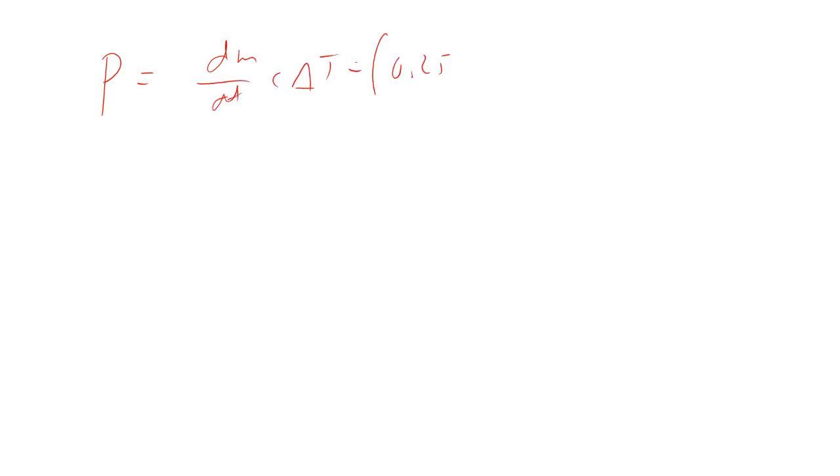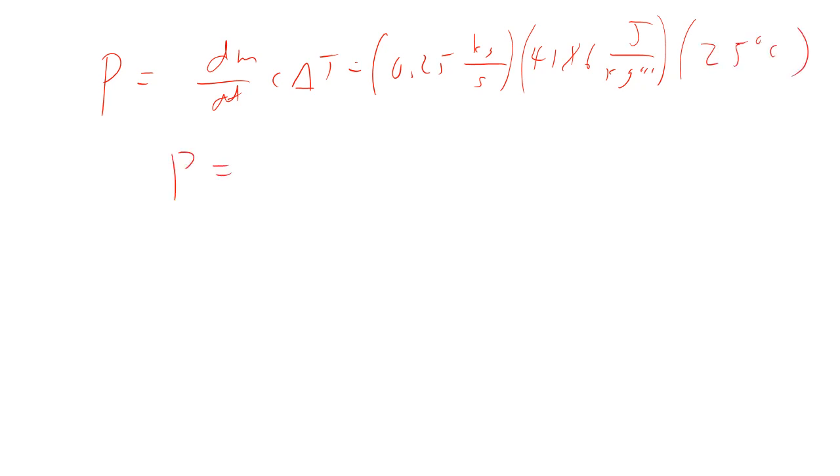That's going to be 0.25 kilograms per second times 4186 joules per kilogram Celsius degree times the difference in temperature between 10 and 35, which is 25 degrees Celsius. So the power comes out to be 26,200 watts, or 26.2 kilowatts.